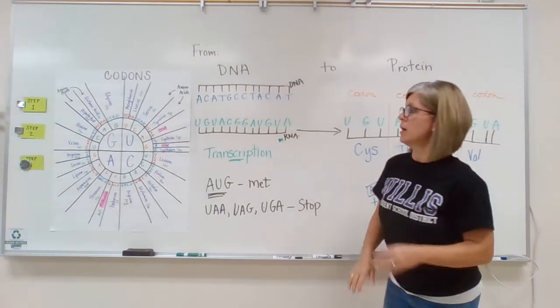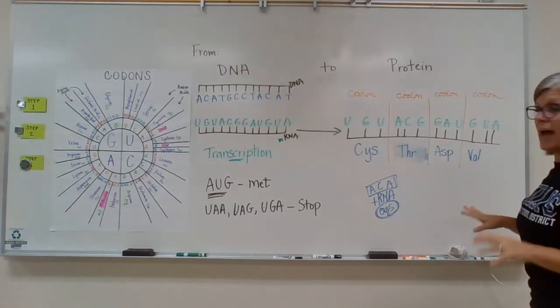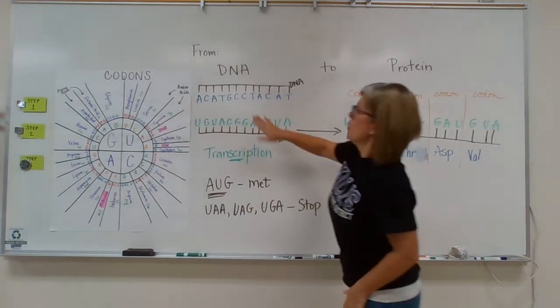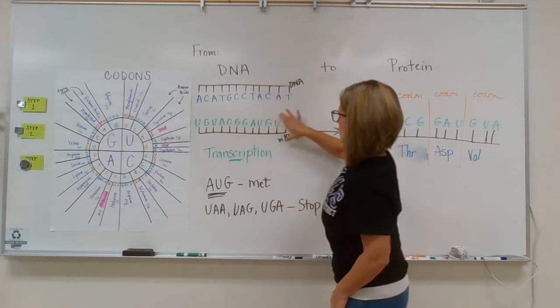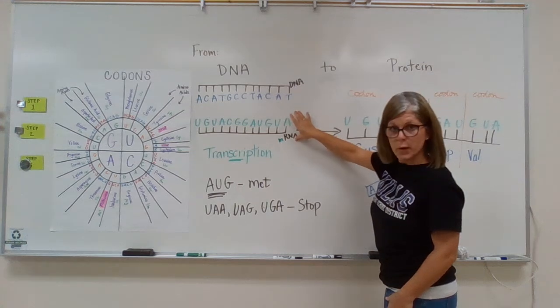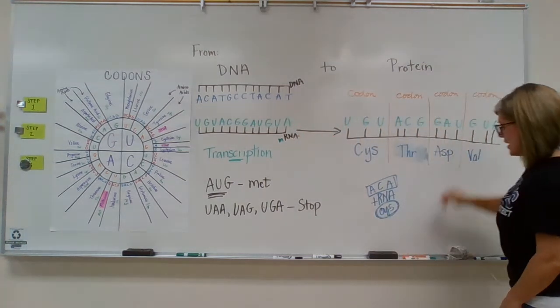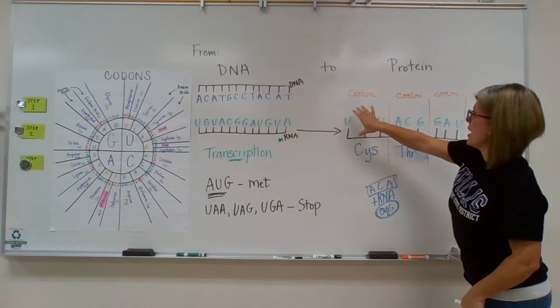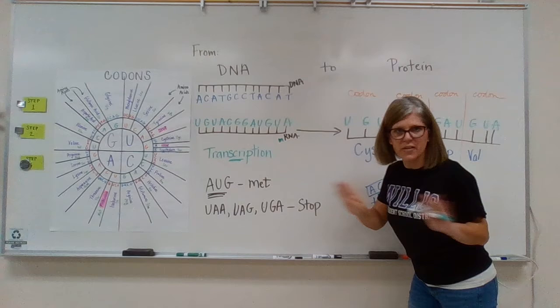Okay? So let me kind of review this again because there was a lot that happened here. We start with our DNA strand. We code it to a messenger RNA strand. This is transcription. When this RNA strand is read, and read in sets of 3, it's the same strand that was here. I didn't change anything.